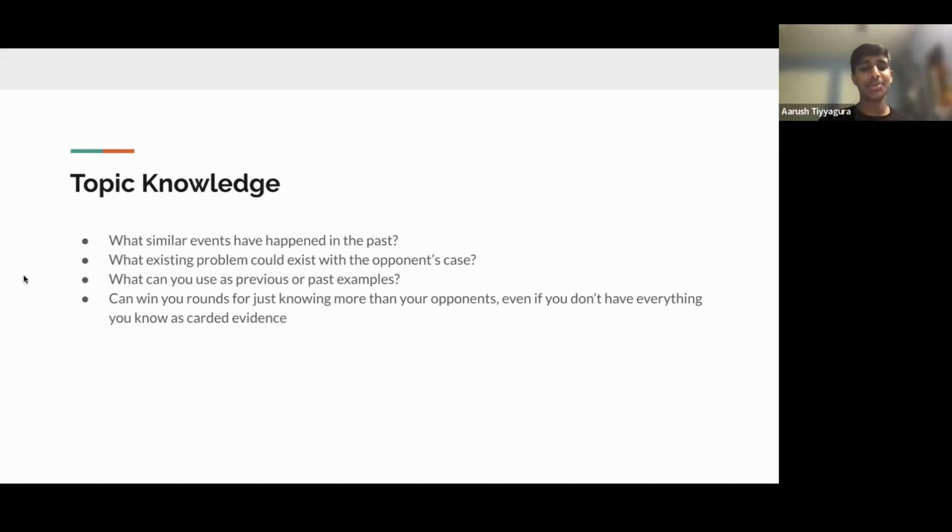And then what existing problems could exist with the opponent's case? This is more an idea of, hey, I read about this thing yesterday that kind of nukes your case, right? So for example, recently, like a month and a half ago, I think, my timeline's probably off, but the White House signed a minerals deal with Ukraine. Let's say that happened in the middle of February.